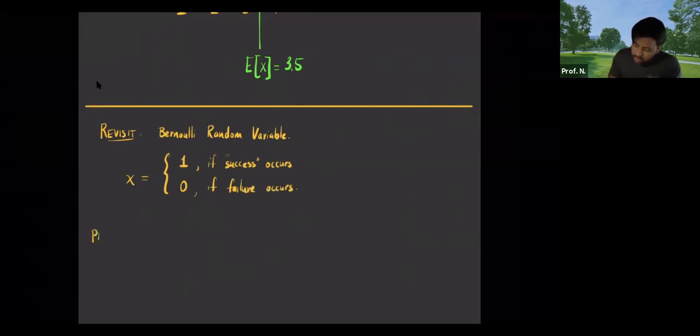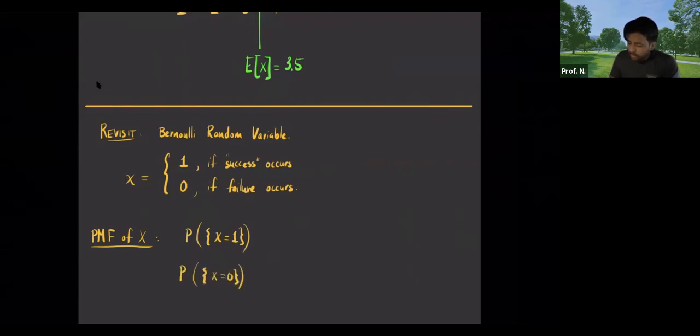Now, what was the PMF of x if we had a Bernoulli? Do you remember? So either I have a success or I have a failure. Do you guys remember what the probabilities were?